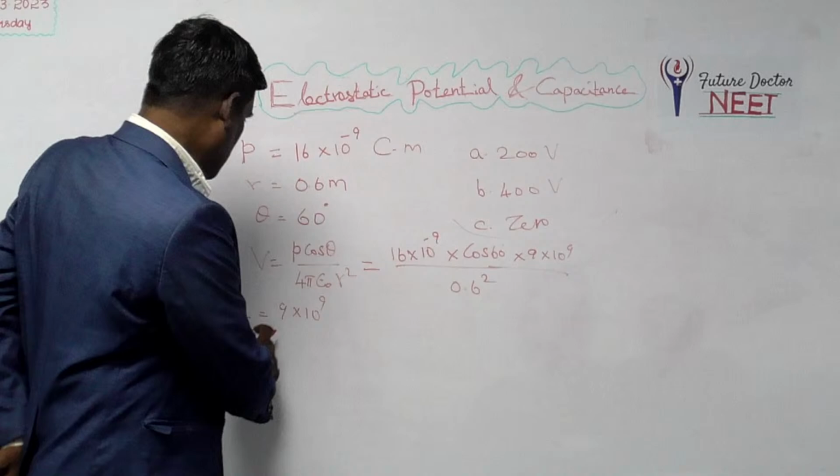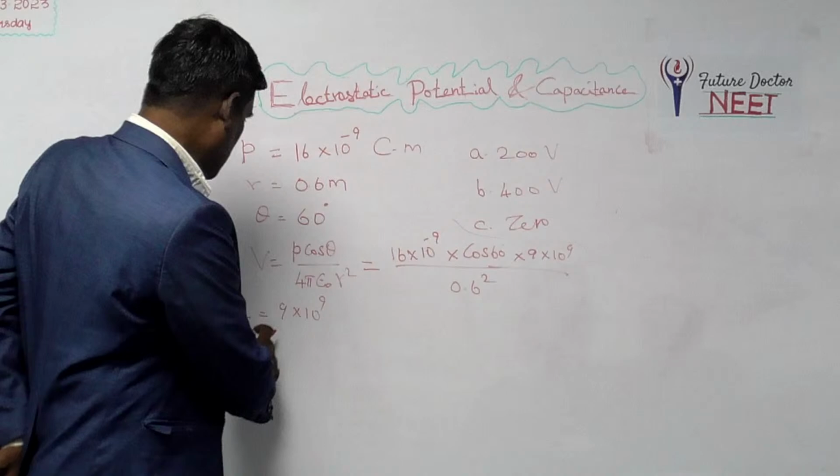Cos 60 degree, how much? 1 by 2. Equal to 10 power minus 9, 10 power plus 9, cancel. Okay.